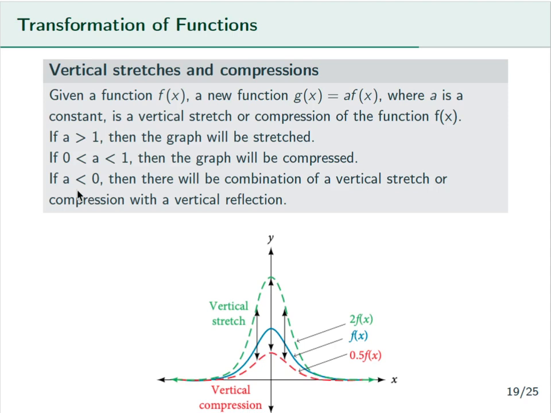When a is less than 0, a negative number, then it will be a combination of vertical stretch or compression with a vertical reflection. The negative number itself gives us a vertical reflection. Then we have to look at the number itself. Is it a fraction between 0 and 1, or is it a number bigger than 1? Then it will be one of these. Here we just need to understand the trend.